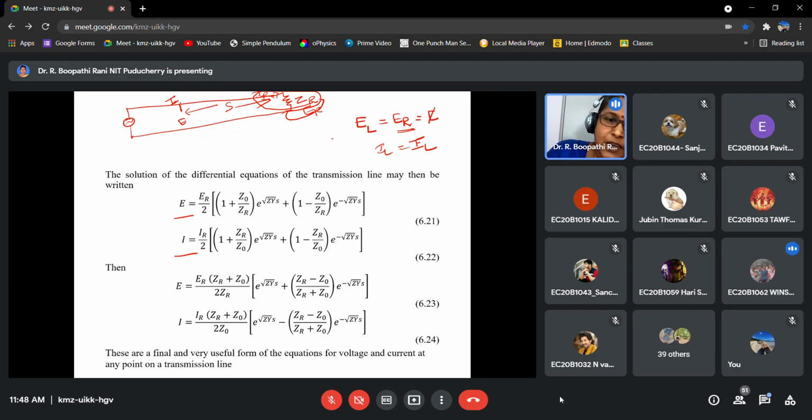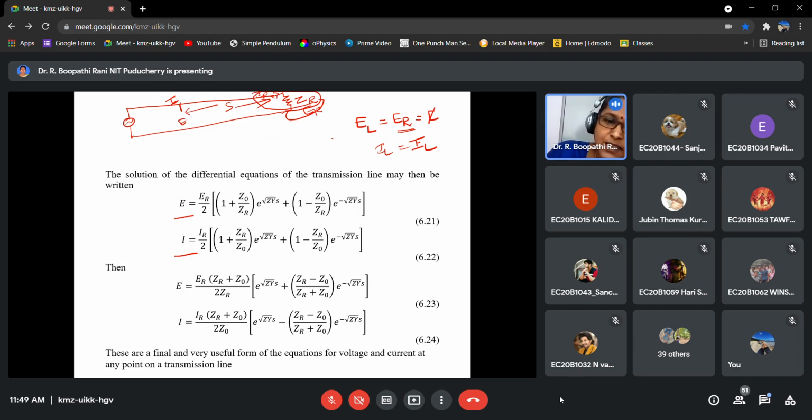See, we consider one elemental section, no? We can find E and I at a particular distance from the load. Okay, at the load side we will be able to find the voltage and current, as we will be measuring them, and then at a particular distance from the load, all along the length of the line, wherever we want, we will be able to calculate the voltage and the current using these equations.